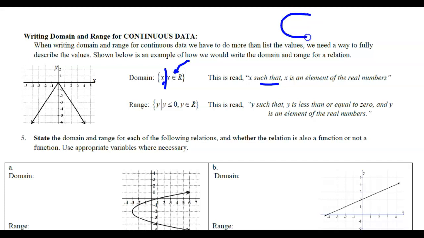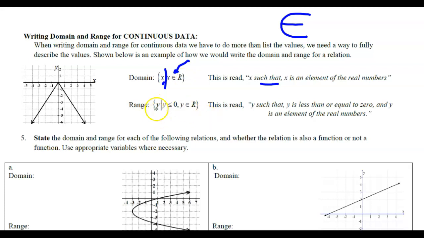It's kind of like a C with a line in it, a rounded E. It's a Greek symbol for E. So that means the element of the set of real numbers. Real numbers, remember, include every value possible: decimals, fractions, repeating decimals, non-repeating decimals. Infinite in both directions, negative and positive.